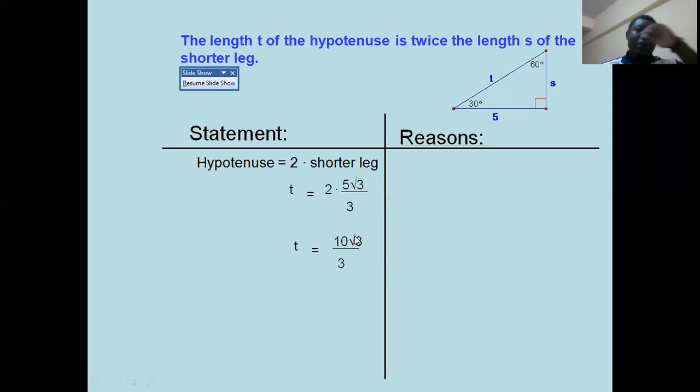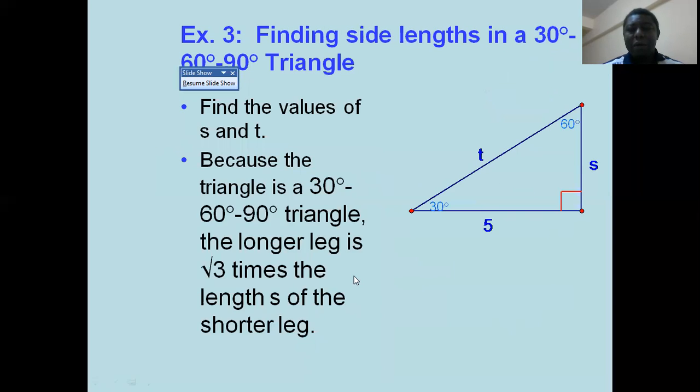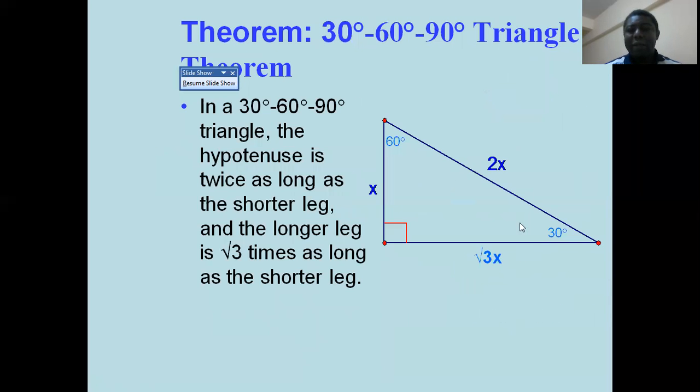You see, we have used the formula of the special triangle to solve the problem. T, which is the hypotenuse, is equal to 2x, 2 times the shortest leg.